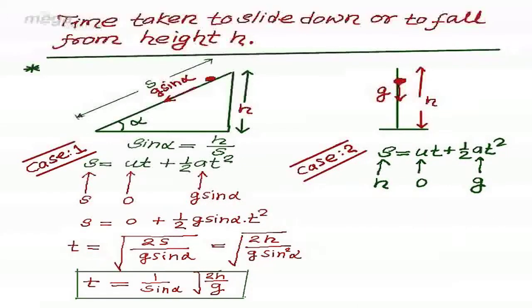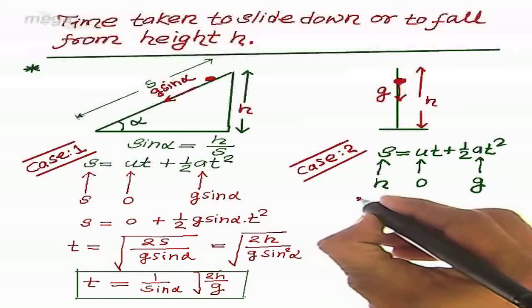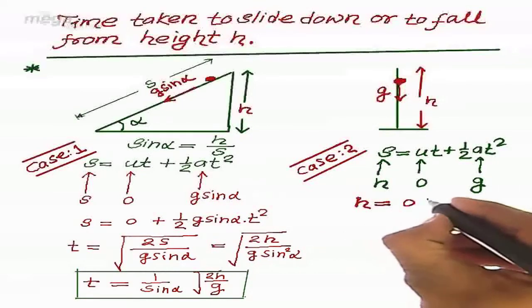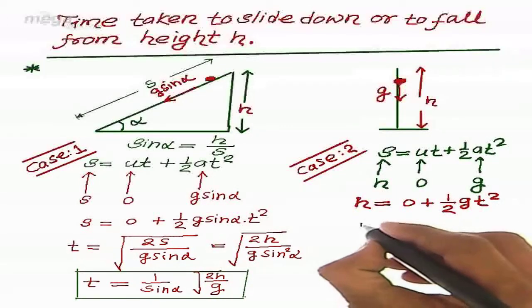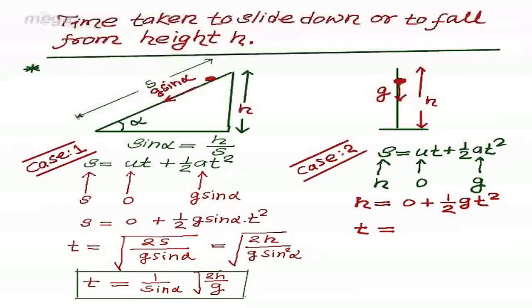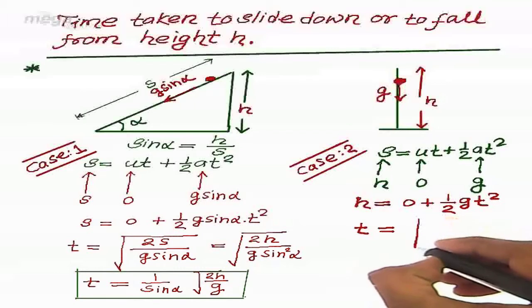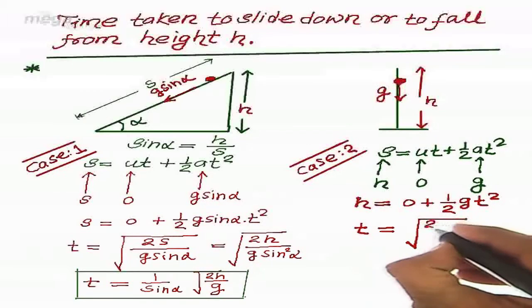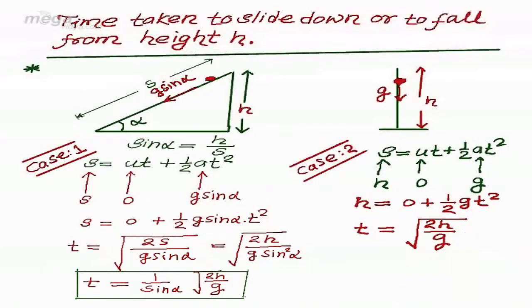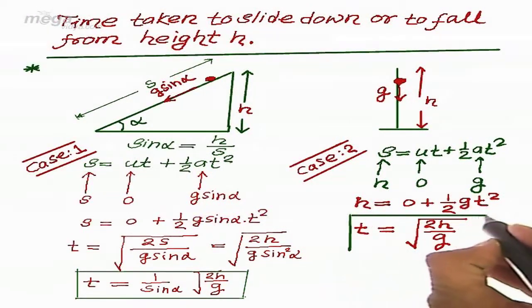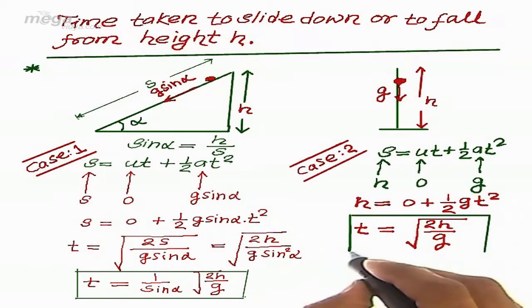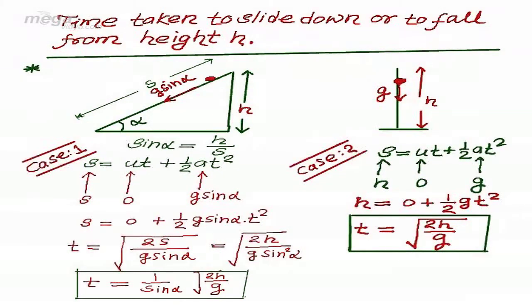We can rewrite this equation as h equal to 0 plus half g t square. So the time taken to fall distance h directly under gravity is t equal to root of 2h upon g. You can see here the time taken t is just root 2h by g, which is different from the result we got for the inclined plane.